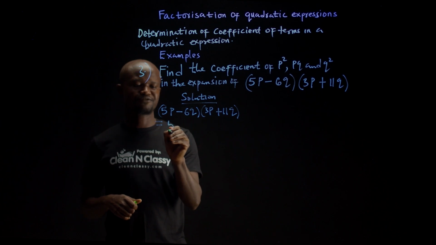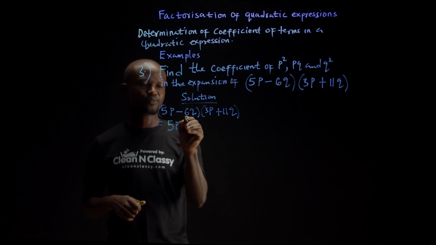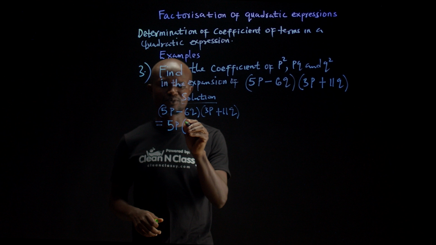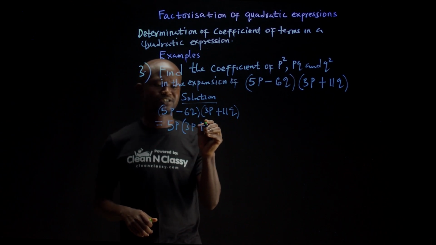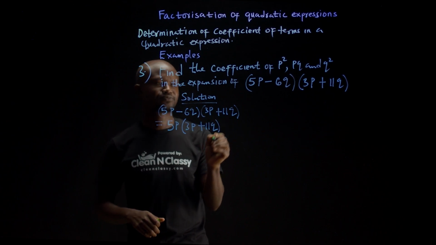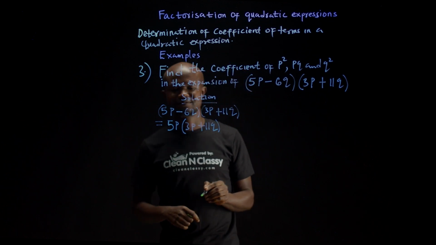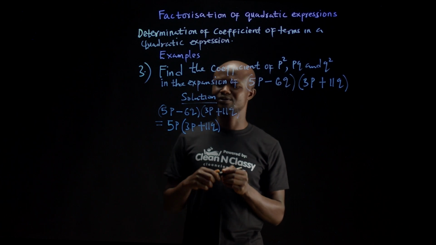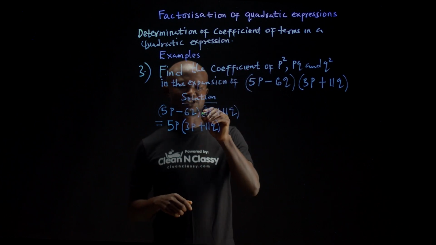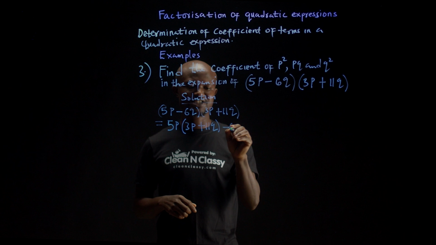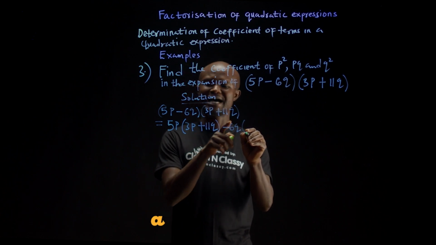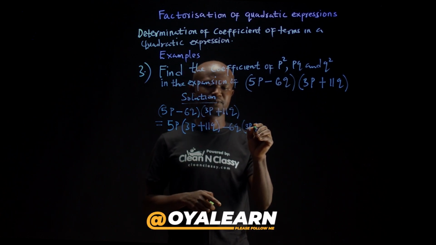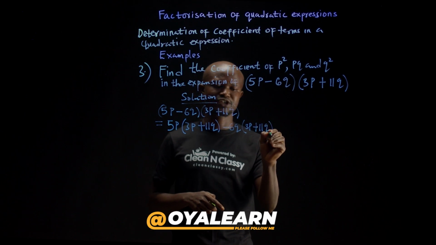So, we say 5p into bracket what we have here, which is 3p plus 11q. Then, the second term in the first binomial expression, also we use that to multiply everything here. Minus 6q multiplied by 3p plus 11q.